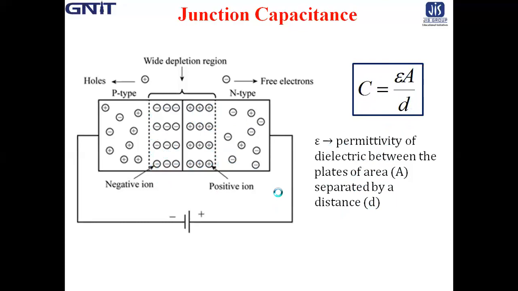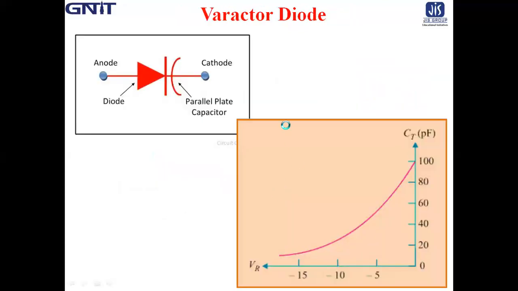And the feature of the junction capacitance is widely seen in a diode which is called varactor diode, which operates as a reverse bias PN junction diode.